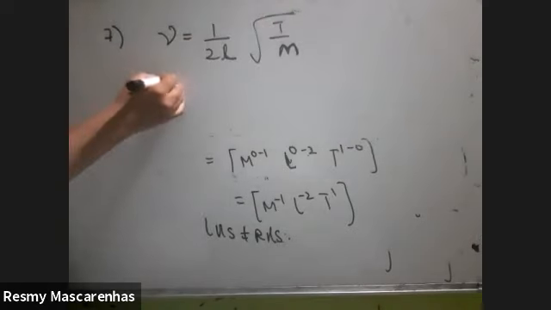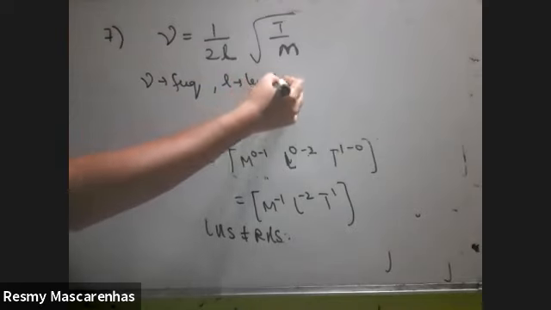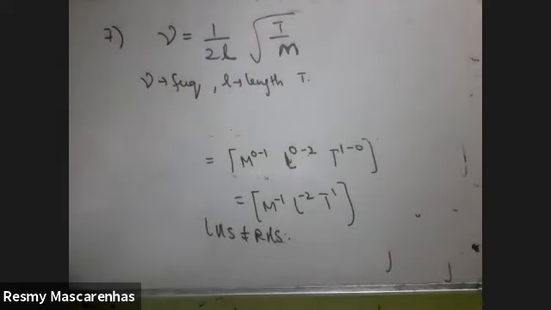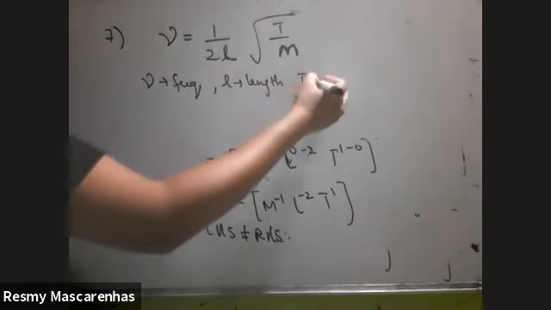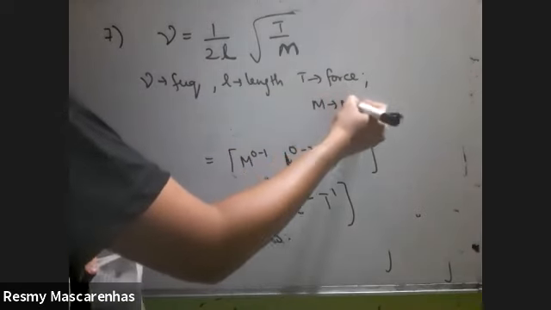Here what they're saying is, frequency is called n, L is length, then T is for force, and m is mass per unit length.